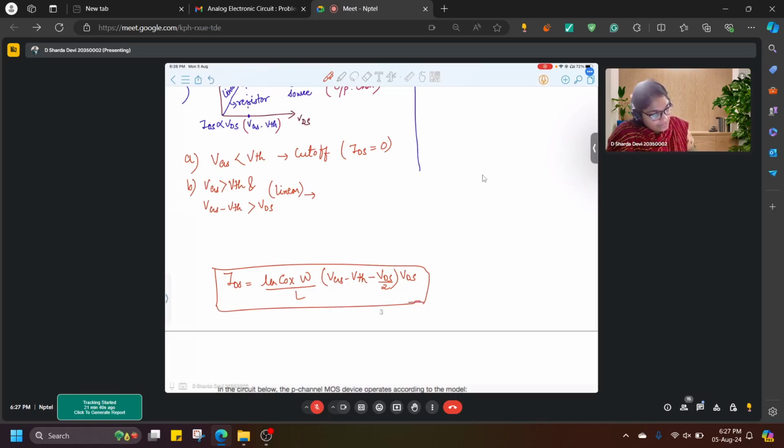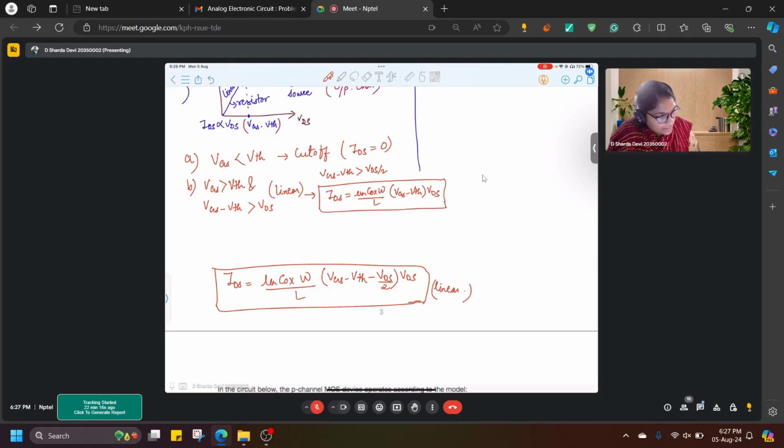Now this can be used for linear, or let's say your VGS minus VTH is much larger than VDS by 2. Then we can simply eliminate this VDS by 2 term and the formula will become IDS equal to mu n Cox W by L times VGS minus VTH into VDS.